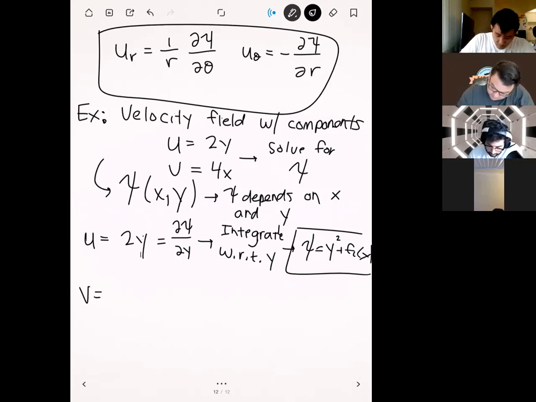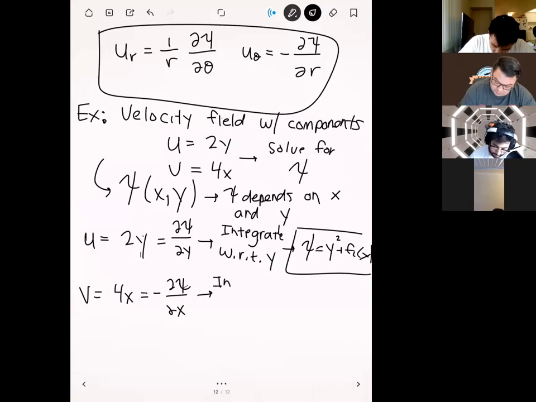And so now let's do the v component. We know that v is equal to 4x. And so v is going to be equal to minus d psi dx. Same thing here, we're going to integrate, but now we're going to integrate with respect to x.